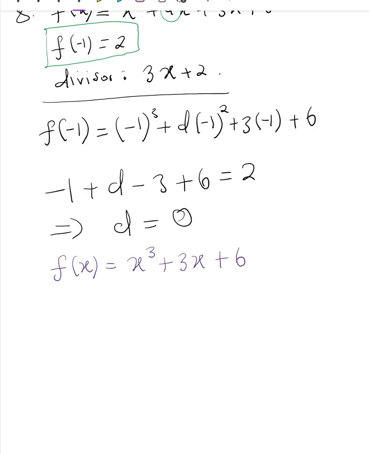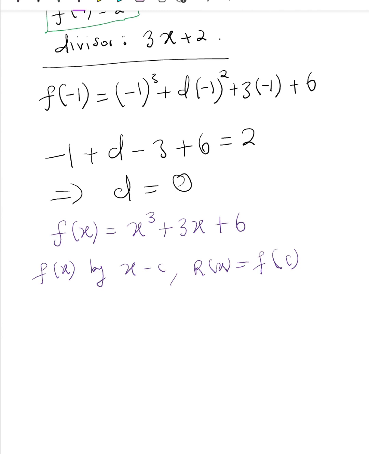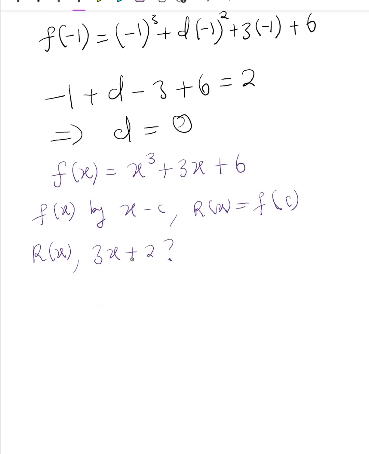Now the remainder theorem says if we divide f of x by x minus c, then the remainder r of x is the same as f evaluated at c. So the question is, what is the remainder when we divide our function by 3x plus 2? I just solve for x in this divisor.